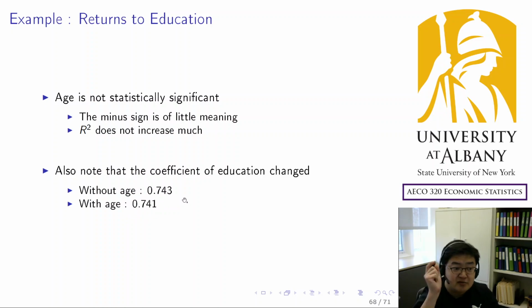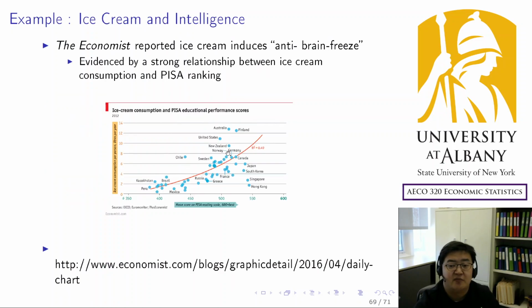A slight change, but still a difference. So including another variable not only changes the coefficient itself, but other variables' coefficients are also affected. So when you include more variables, you have to recalculate everything. Of course, Excel will do it, so it's not a big problem.